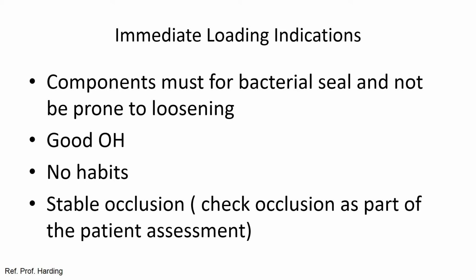your implant system must offer some form of biological seal. They must be high quality, they cannot be prone to loosening. You must get a firm connection between the implant and the component. If you get a component loosening or detachment at any point during your early loading process, you will affect the load.